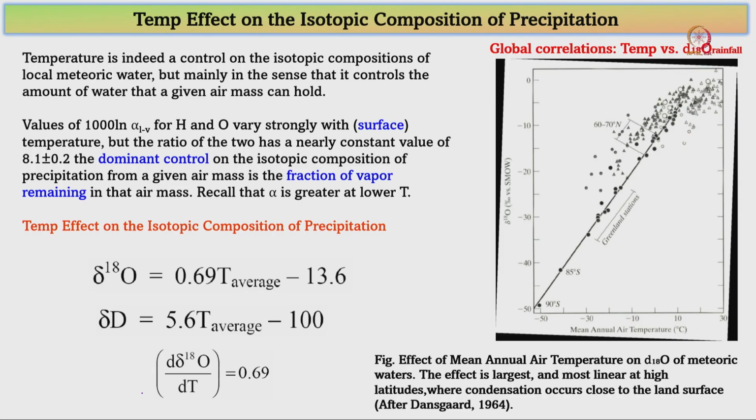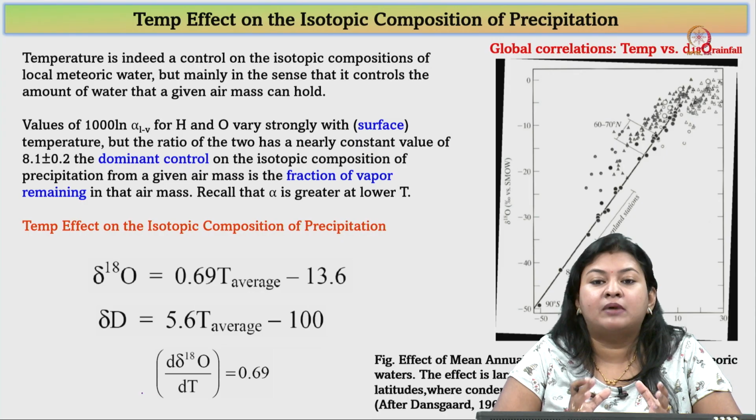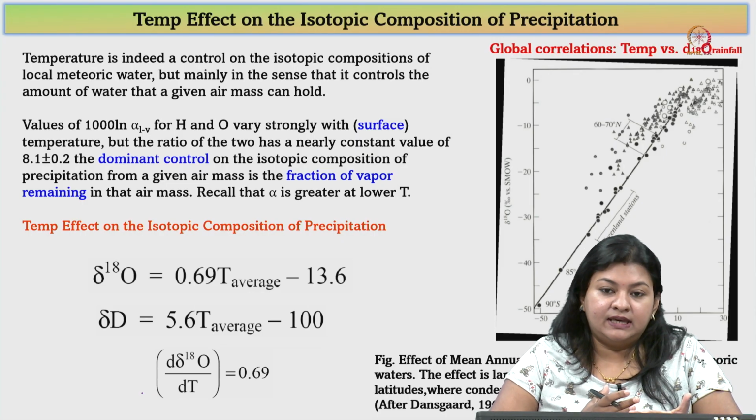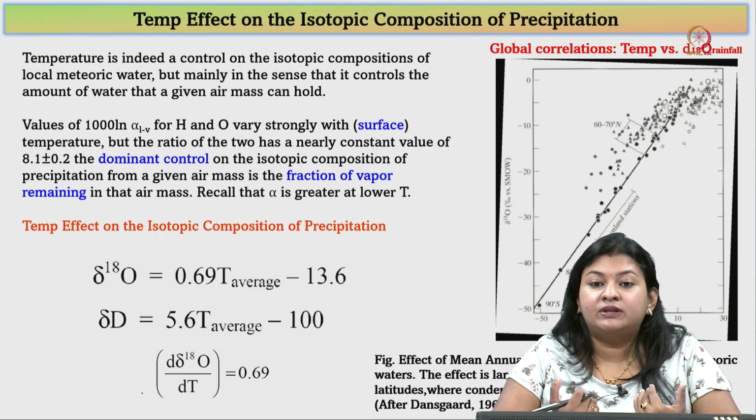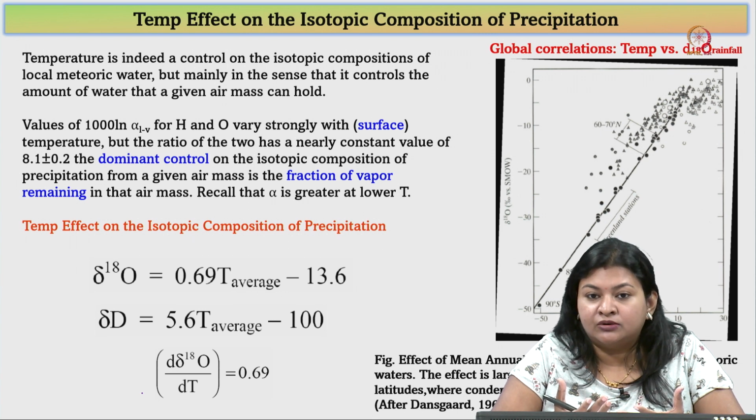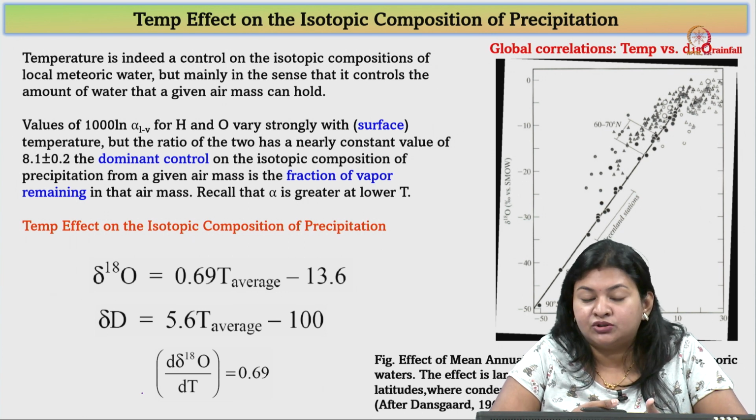Temperature has an effect on the isotopic composition of the precipitation mainly because it controls the amount of water that can be stored or held in a given air mass. So, what is the surrounding air temperature? What is the average weather temperature?